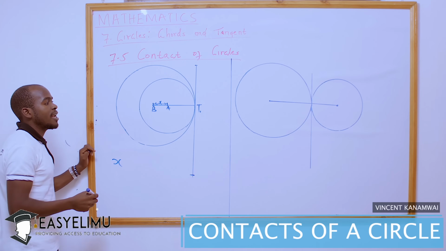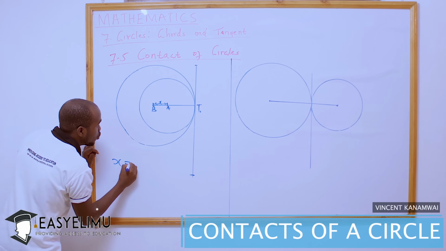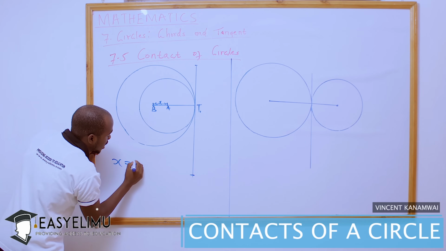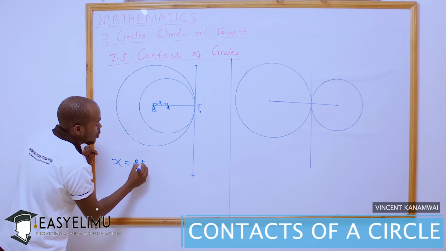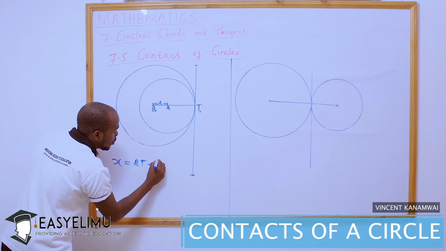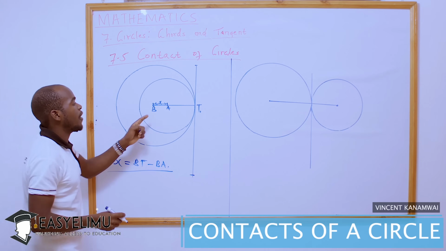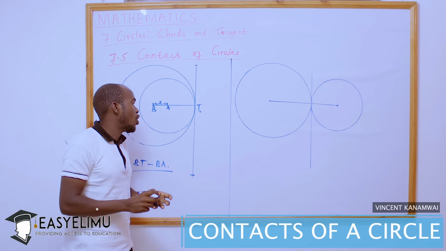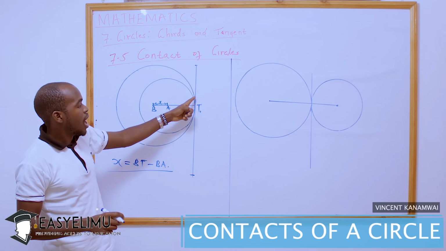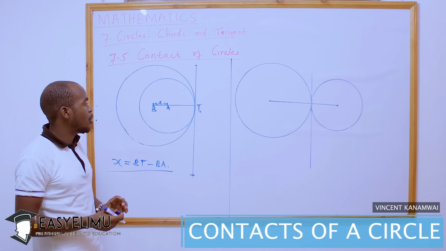So the difference in the radii will be the radius of the bigger circle minus the radius of the smaller circle. By doing that, you will have found the difference between the two of them, and we have a common tangent at both of them.